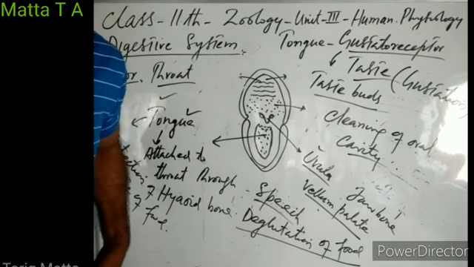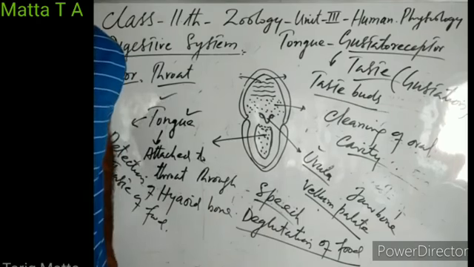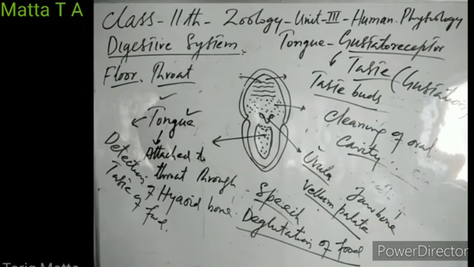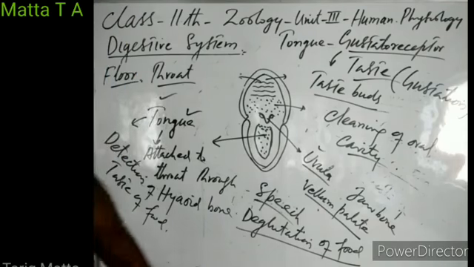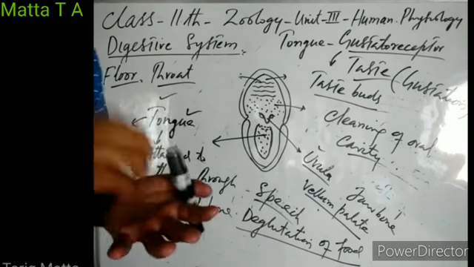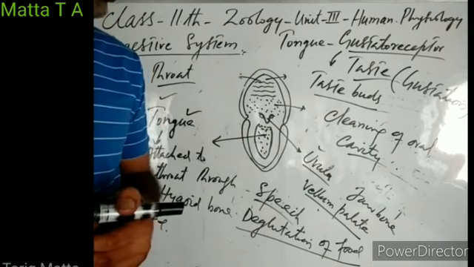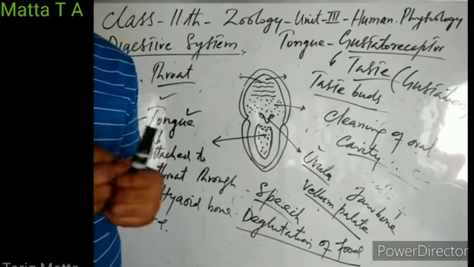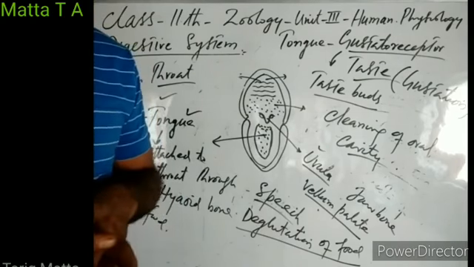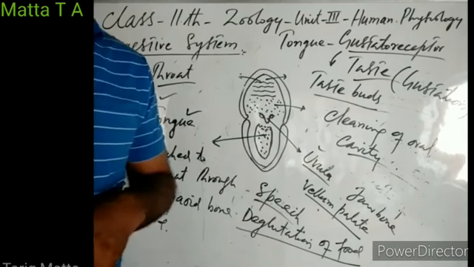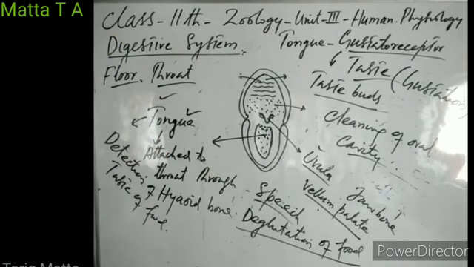Then with the help of our tongue, we remove those food particles from the teeth, those which have been trapped inside the cavities of the teeth, right? In this way, the tongue helps us to clean our oral cavity from the remaining food particles. So this is the function of the tongue.